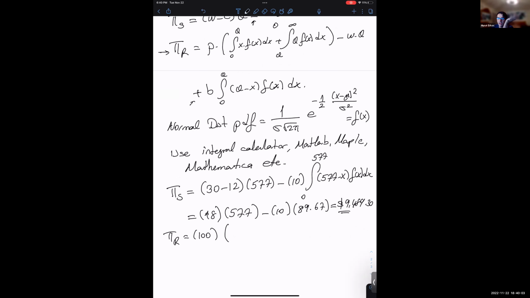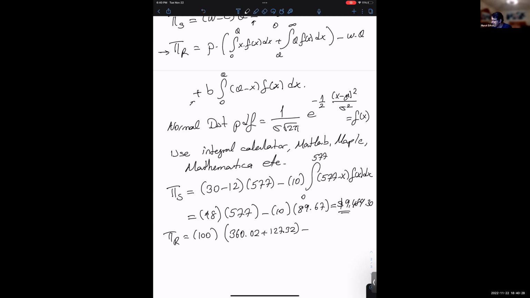Again, I can go back to the Wolfram page and plug in x f of x from 0 to Q, and then Q f of x from Q to infinity, and get the following numbers: 360.02 plus 127.32. Try to do it yourselves.